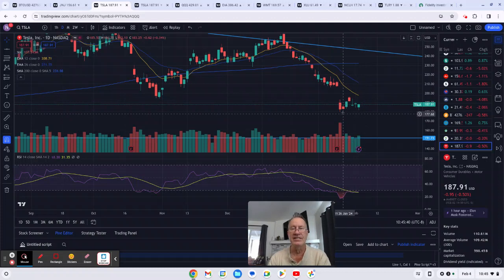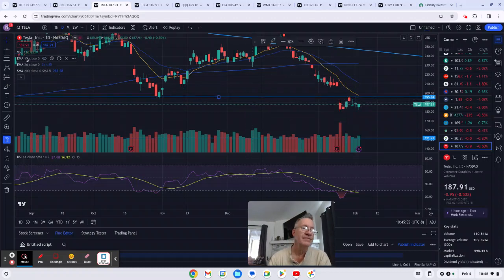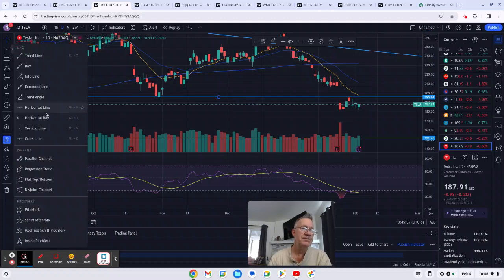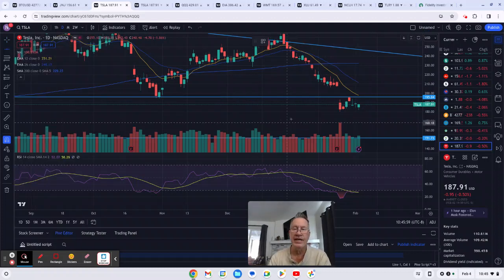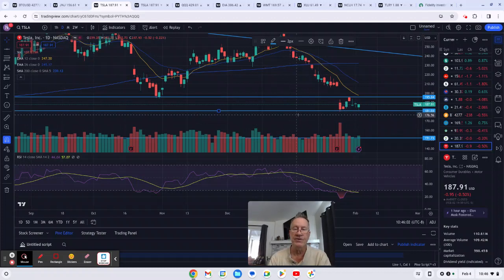And the reason I said 165 was because when I measure, when you're in a block of time that is just stagnant, where you're stuck in this equilibrium, typically what happens is when you break out of that block, you move an equal amount of distance to the upside or to the downside. So the distance from the top to the bottom is about $15 to $16, and the bottom is 180.